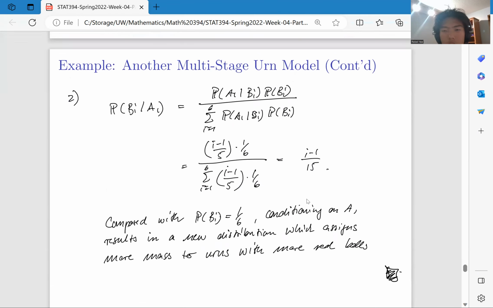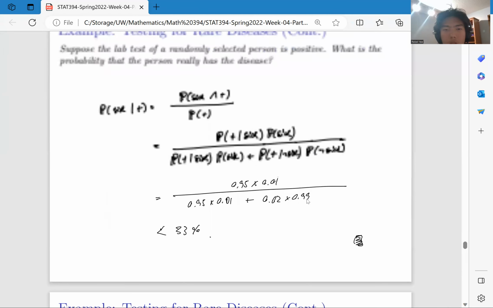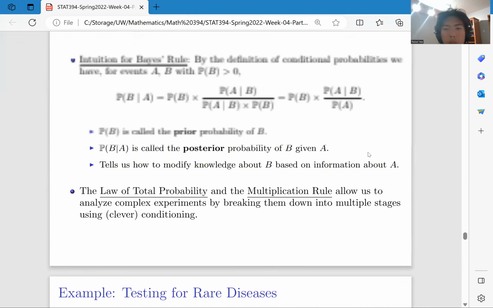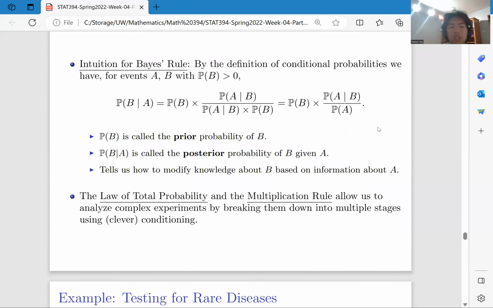So these are the two examples that illustrate how to use Bayes' rule. To sum up, in this lecture we discussed Bayes' rule, the law of total probability, and the conditional probability formula. Those are the three main things that are useful for the next lecture and future work. And we finally gave a formal definition of what a multi-stage experiment is.